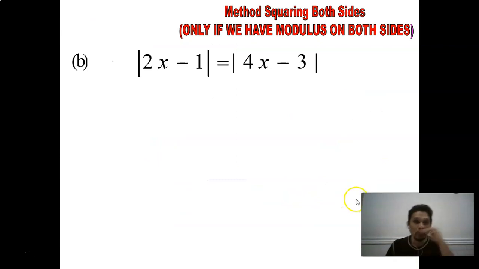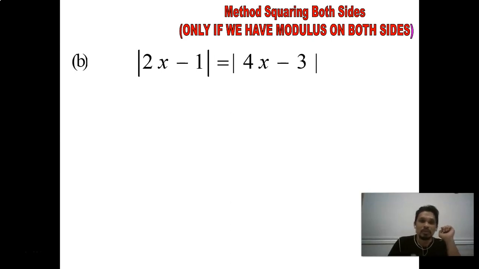So, the method of squaring both sides. In this, we all agreed to expose all of you to one method, squaring both sides, even though there might be another method. Never mind, we don't want to confuse ourselves.